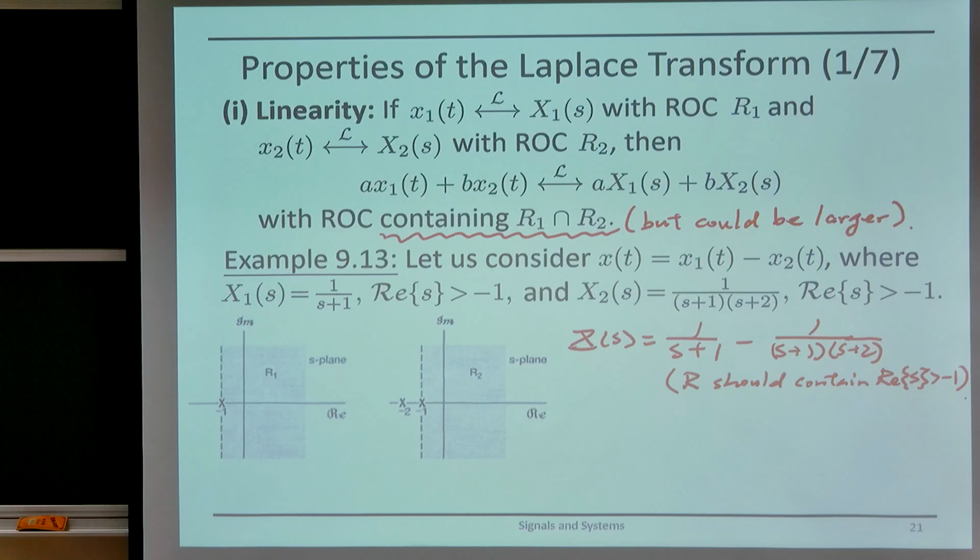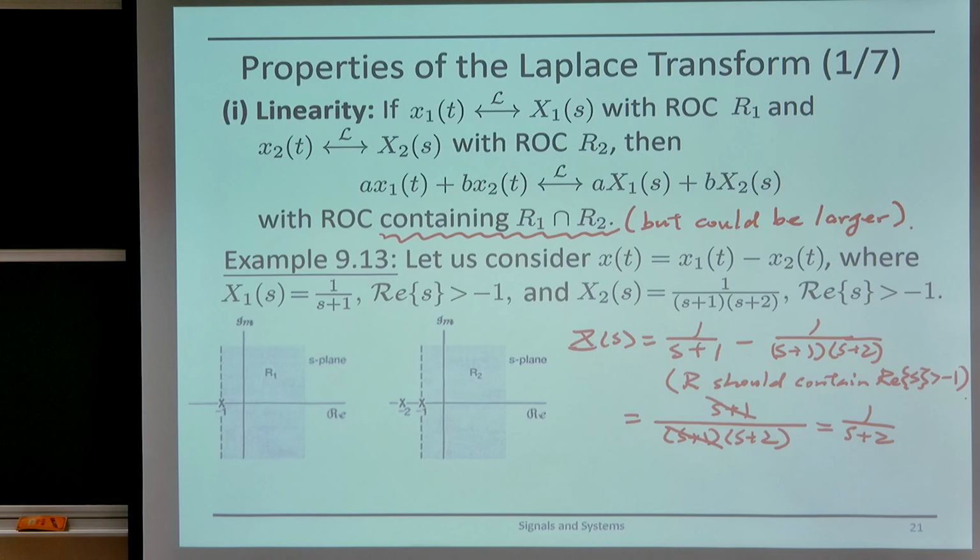So we can just put this together. This will give us (s plus 1)(s plus 2), and in the denominator, we get s plus 1. And you see that s plus 1 cancels out. So what we get is just 1 over s plus 2.